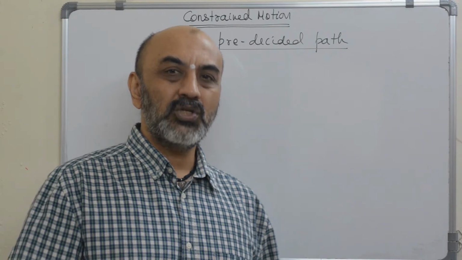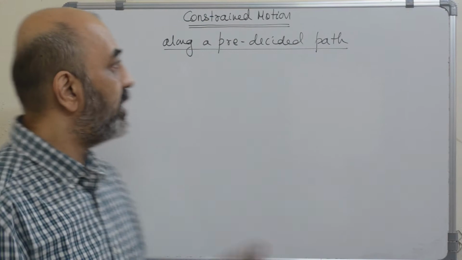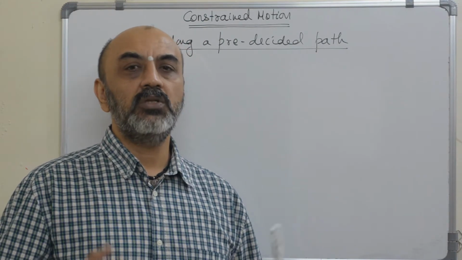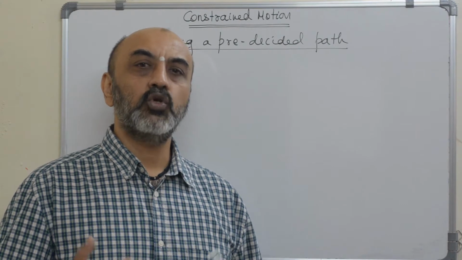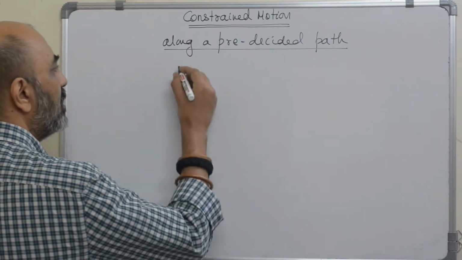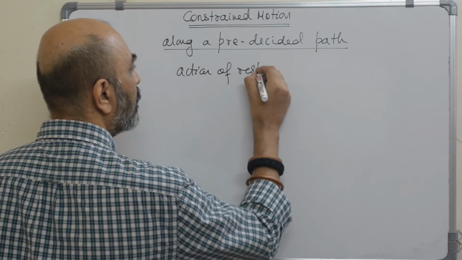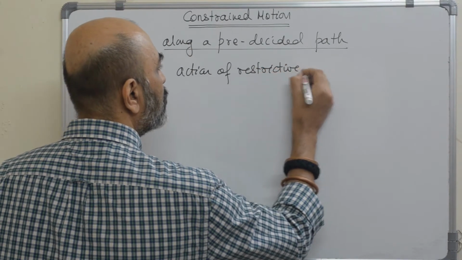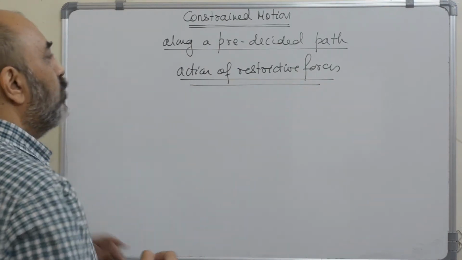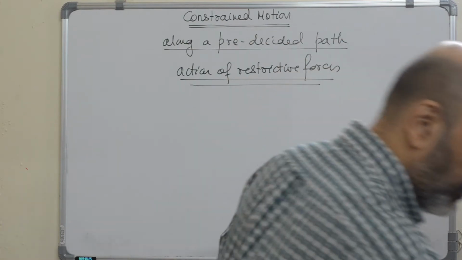So you are now constrained to move along a given path. That means that path now is most definitely pre-decided. So what is constrained motion? Constrained motion is an example of motion of a body which moves along a pre-decided path under the action of restrictive forces.